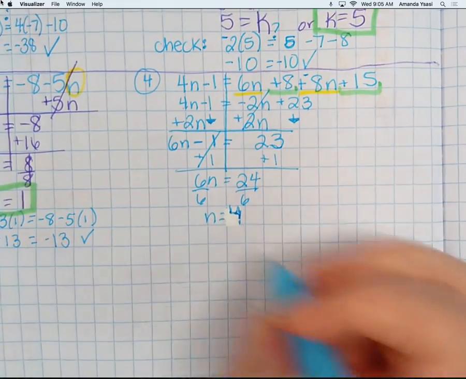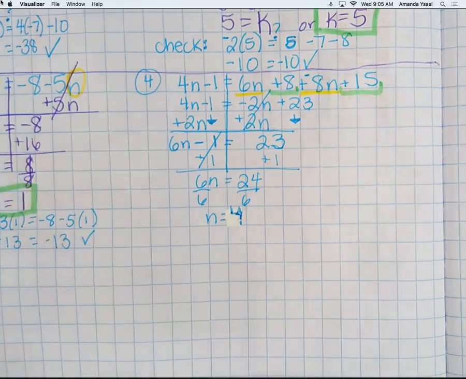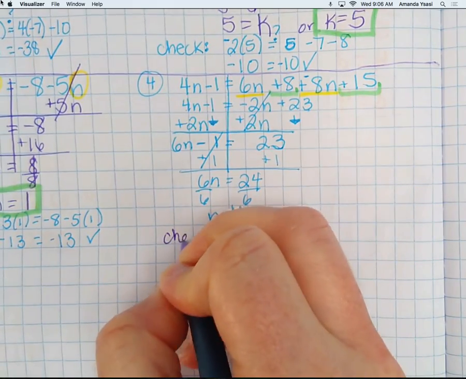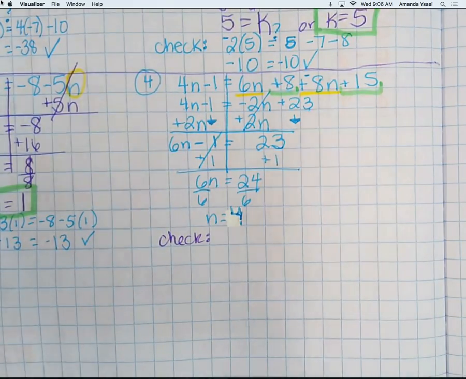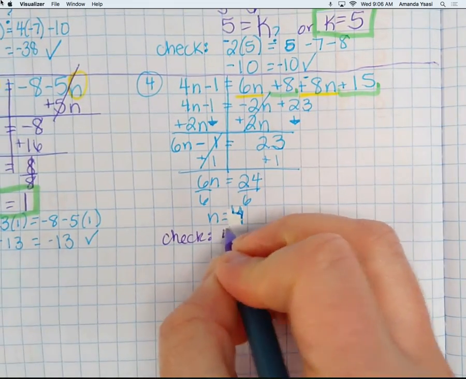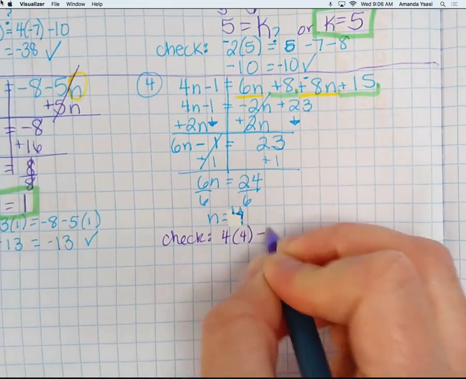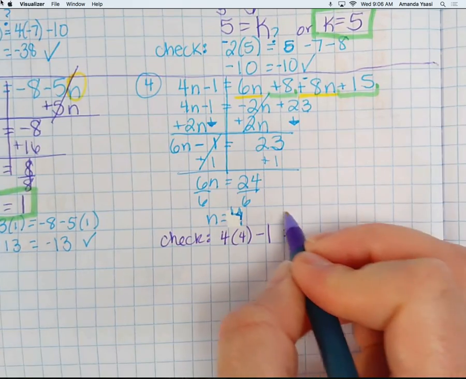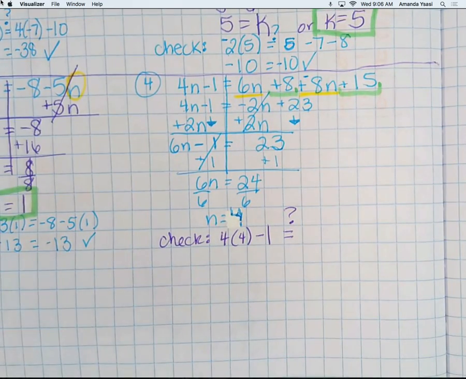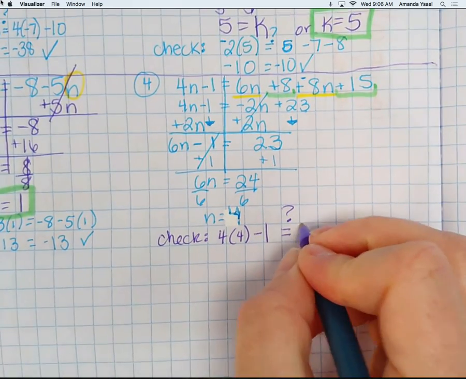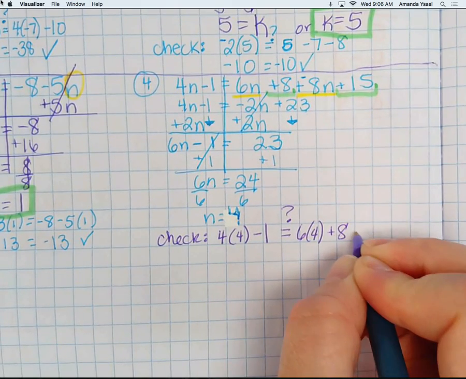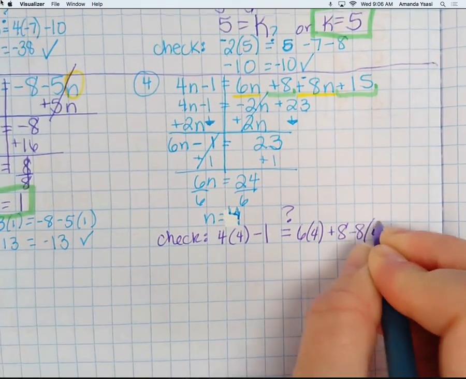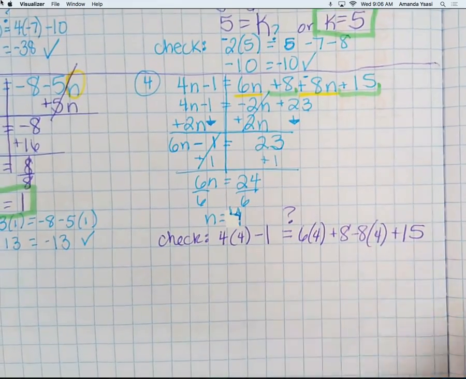So then we check our work, by plugging in every time we see an n. So 4 times 4 minus 1 equals, with the question mark over the top, 6 times 4 plus 8 minus 8 times 4 plus 15.